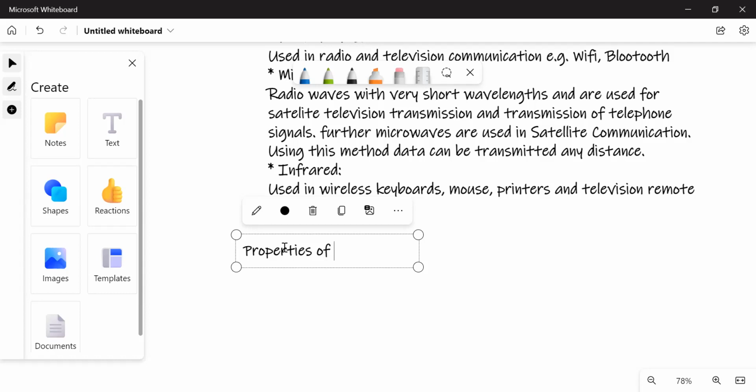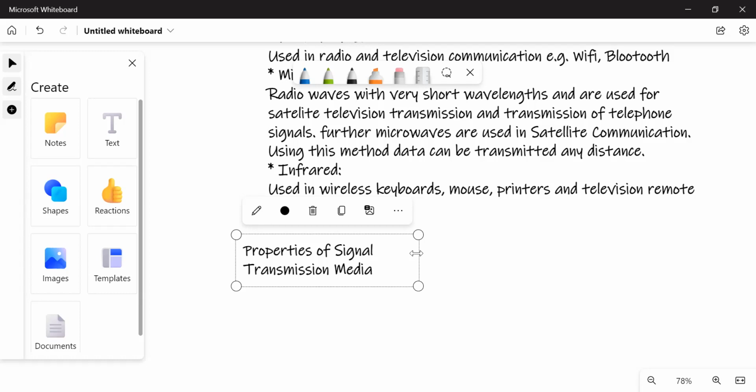Properties of signal transmission media.